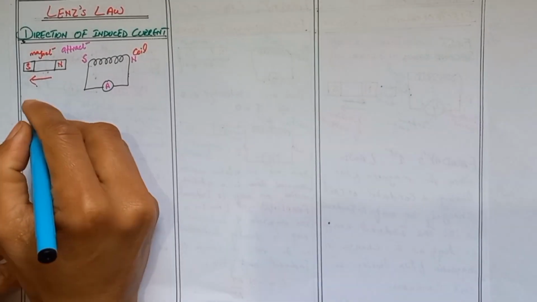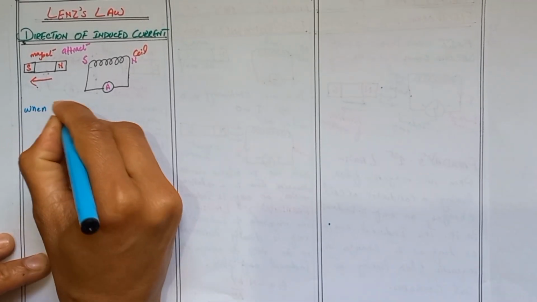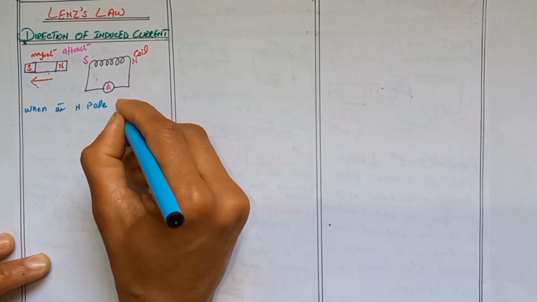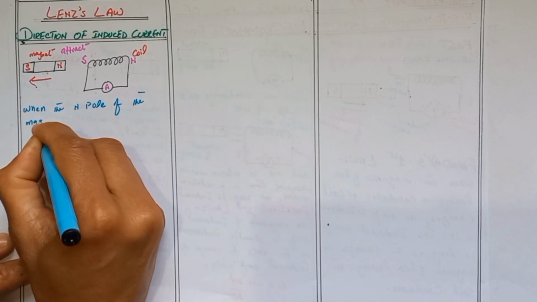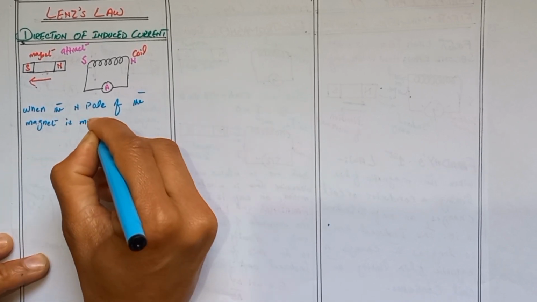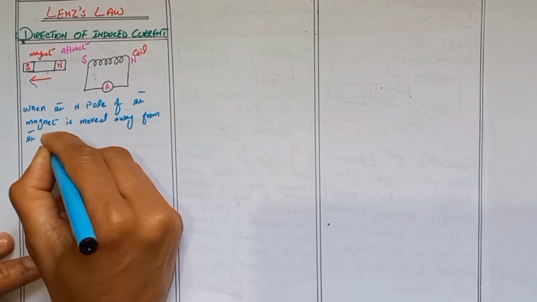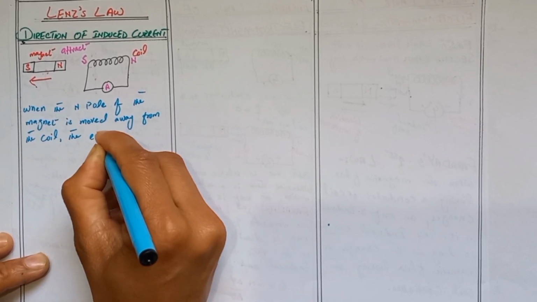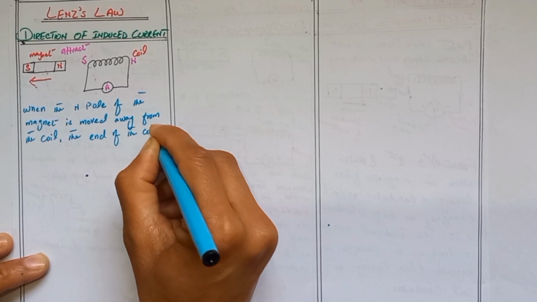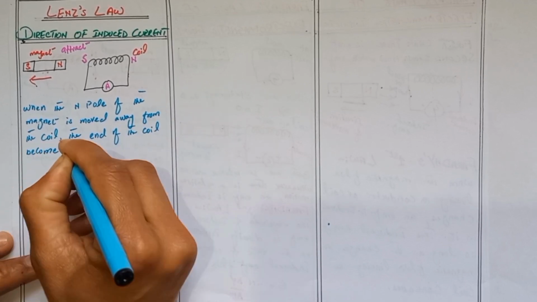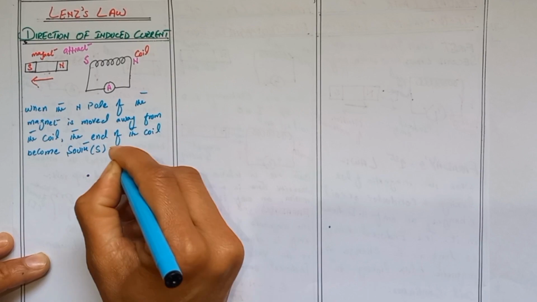So here we write: when the N pole of the magnet is moved away from the coil, the end of the coil becomes south pole.